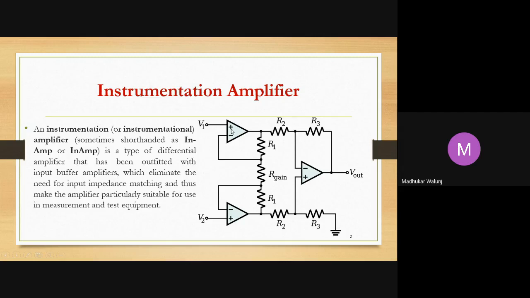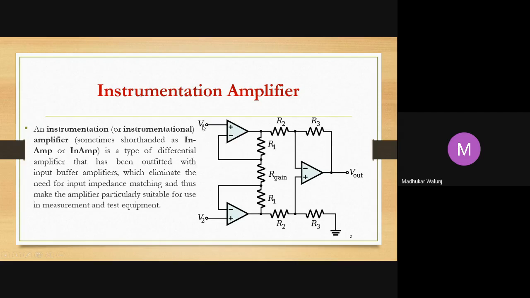So with Rin absent, the operational amplifier gain is equal to 1. A gain equal to 1 means we can call it a buffer amplifier.